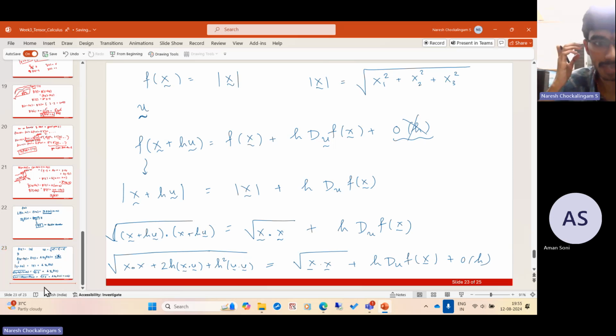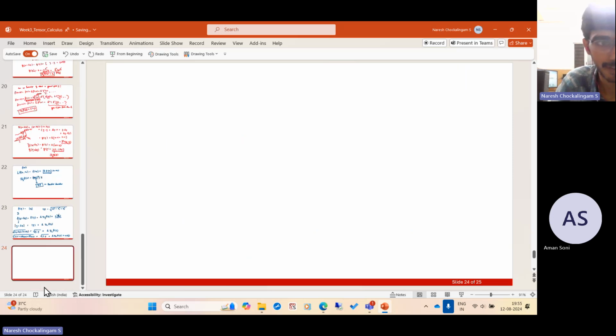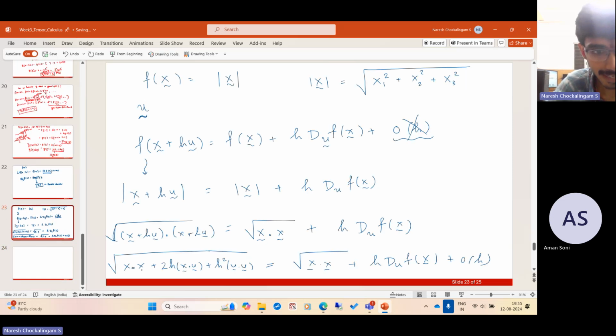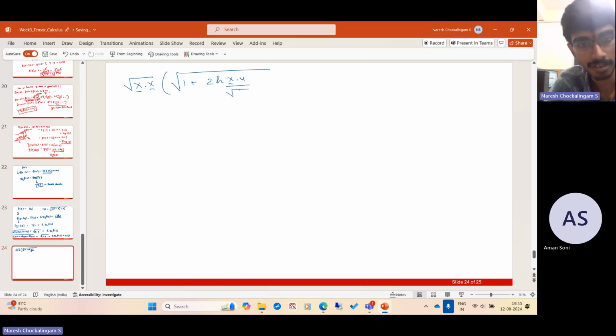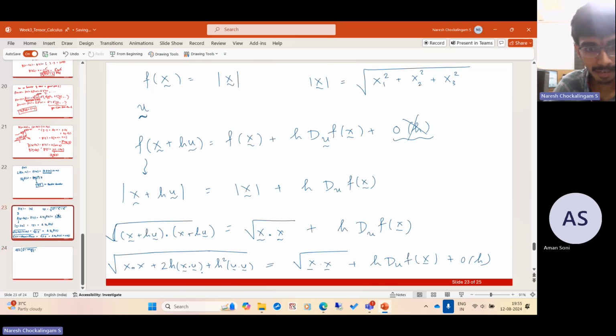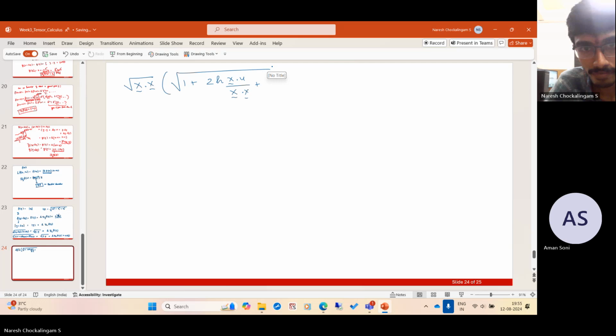Now let us use the binomial theorem here. Let us take this x dot x out of the square root. So you get square root of x dot x, you take it commonly out. So you get square root of 1 plus 2 times h x dot u divided by x dot x, plus h square times u dot u by x dot x.